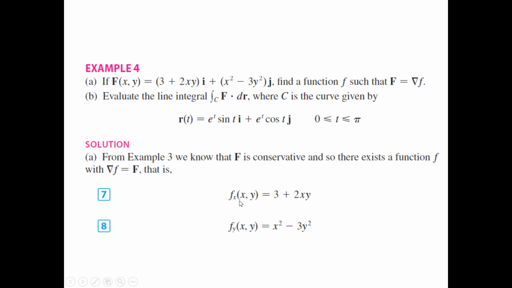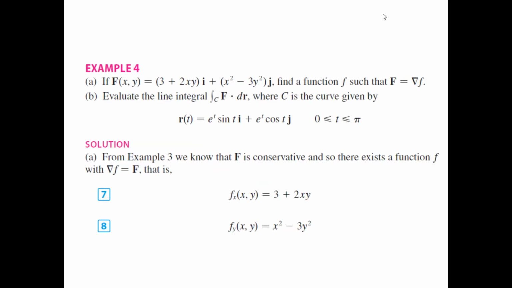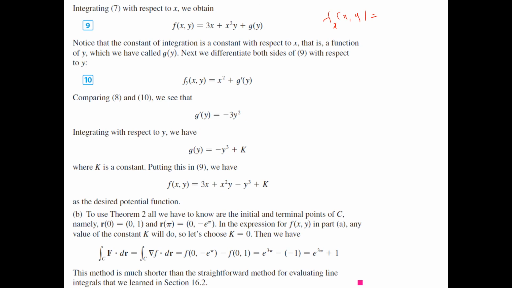Let me write it on the next slide. f_x(x,y) is equal to 3 plus 2xy, and f_y(x,y) was x square minus 3y square.